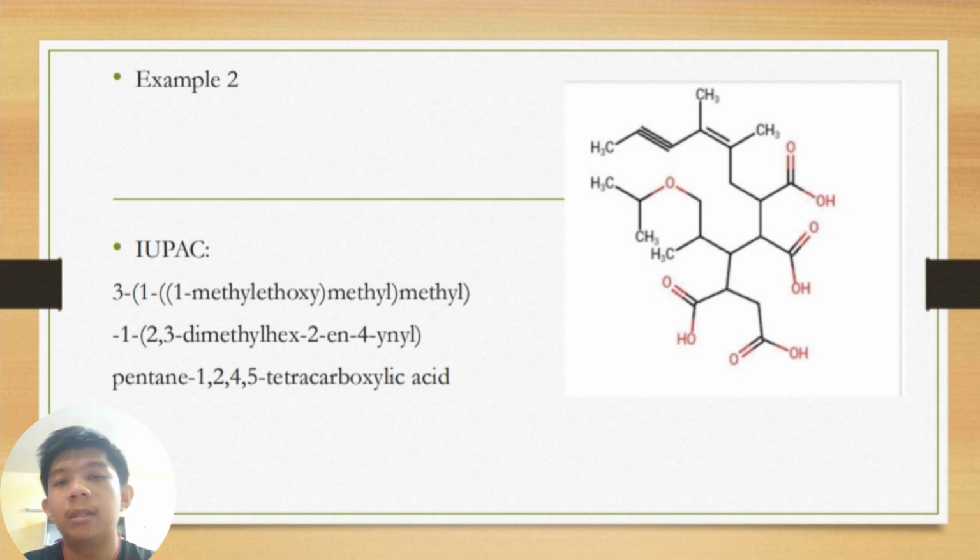Both start from M, so we look at methyl ethoxy, which has E, and dimethyl hex, which has H. So E comes before H, and the methyl ethoxy methyl substituent will be the first one.